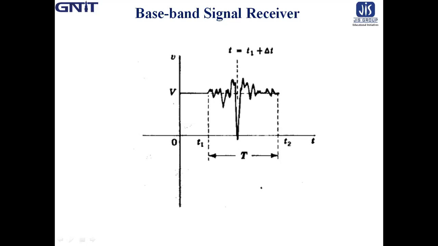Then when does error come? It is of course possible that at the sampling time, noise may be of magnitude larger than V and has an opposite polarity. Again, I am repeating, it's a very important point.